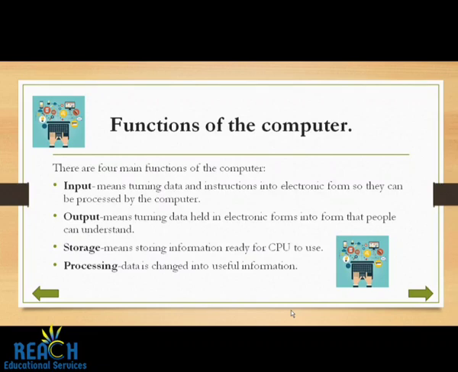Storage means storing information ready for the CPU to use. You can store the information inside the computer or outside the computer, but that is for another class. We will get further into storage devices, input devices, processing devices, and output devices in another class. So let's continue.